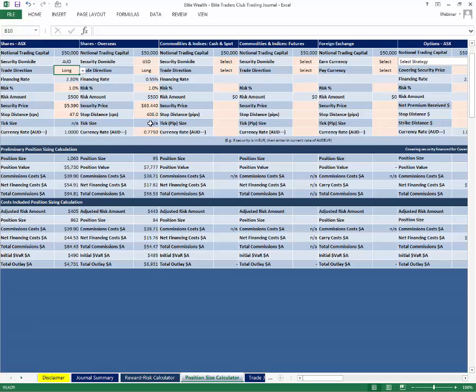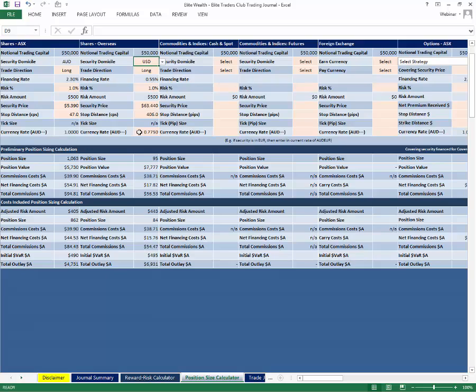US shares, similar sort of situation on here. You enter in the security domicile, which is US dollars. You've got a selection of different ones on there. Direction of the trade, risk per trade comes to the same amount, of course. The difference between the entry price and the stop loss is $4.06, but we just entered this as whole numbers, 406.